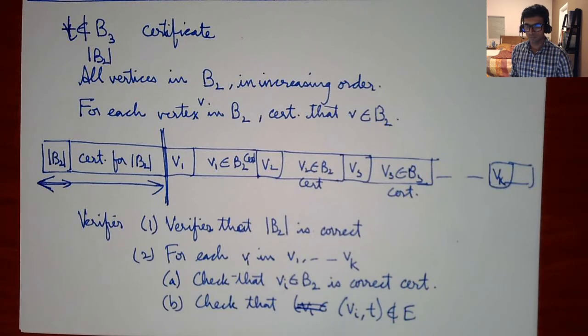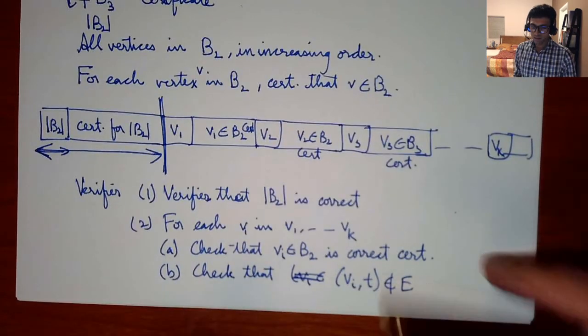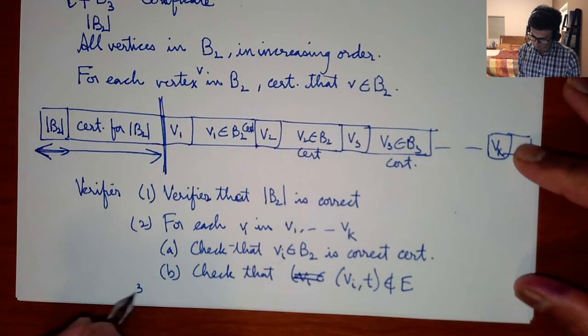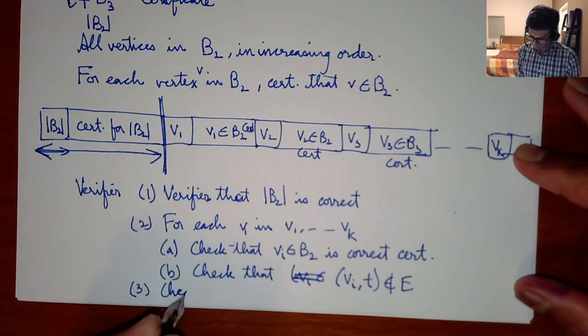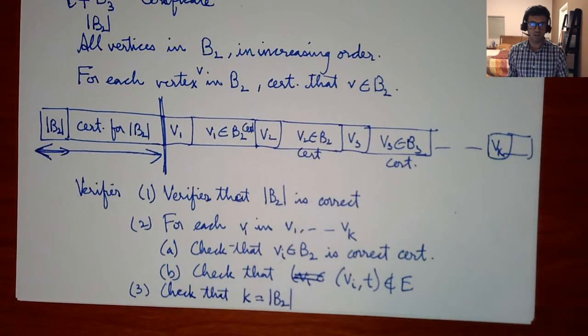So the certificate for the size of B2, is that just verifying that you have all of the vertices? Exactly, yes. And then finally check that K is equal to the size of B2, just to make sure that you've seen all the vertices. Gotcha.